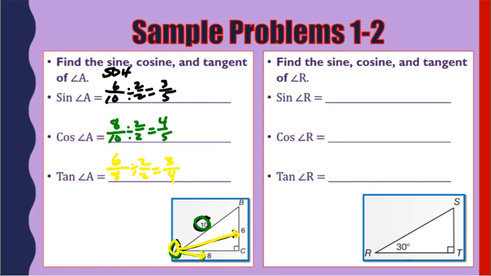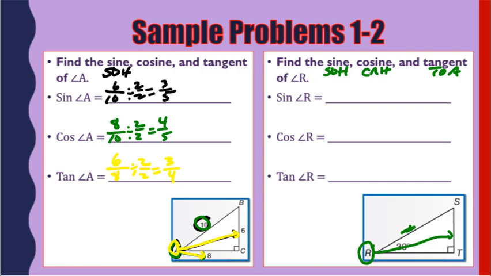Next one, find the sine, cosine, tangent of angle R. Angle R is here. So sine, SOHCAHTOA, sine of R is opposite over the hypotenuse.